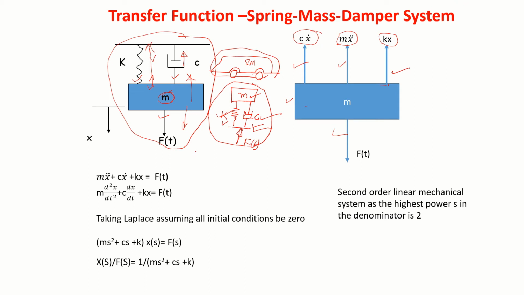So you will have the number of connections plus 1. This plus 1 is the inertia force. If the mass is not there, this inertia force will not be there. So thus there are 4 forces.